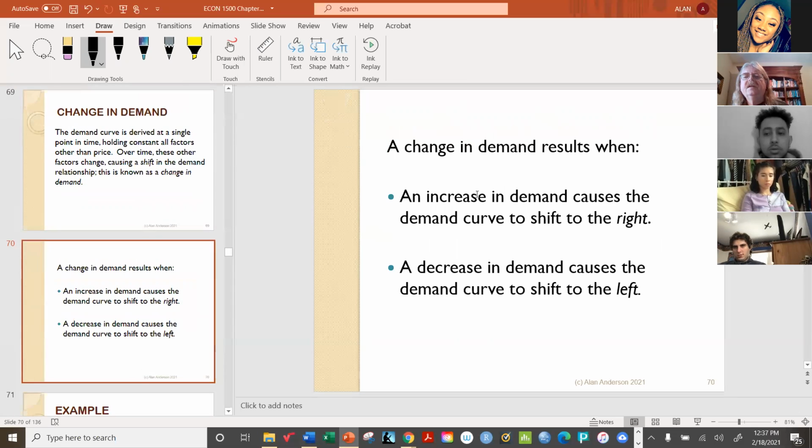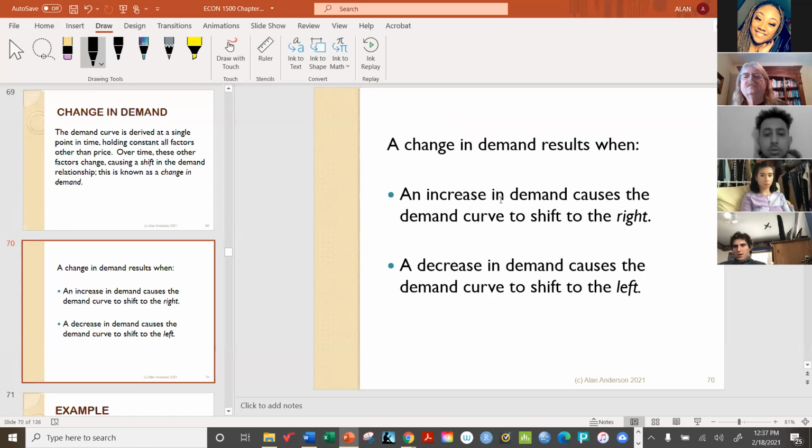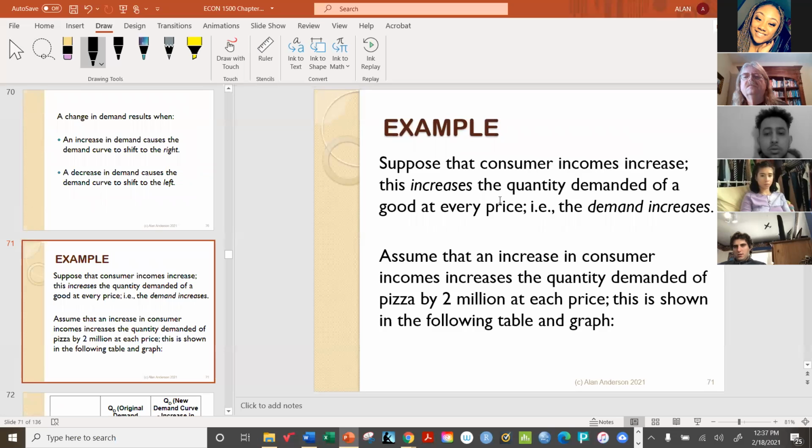Okay, so let's try this case. Suppose consumer incomes increase. Now, assuming that the product here, the pizza, is a normal good, which I think we can all agree that it is, if people have more income, they will want to buy more of every product in the market, or at least every normal product. And so we say then that the demand for these goods increases.